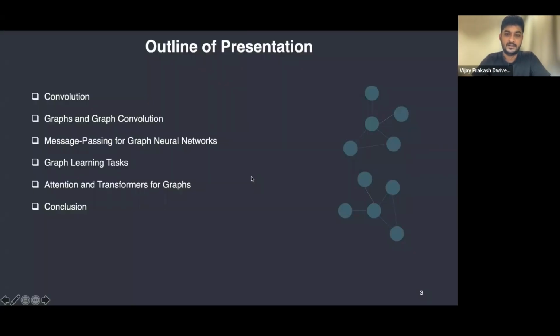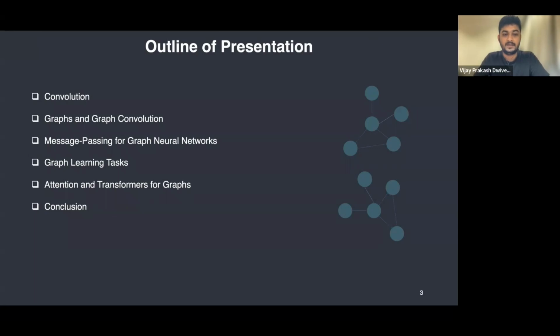So the outline of the presentation for this session will be, first, I'll recap convolution on grids, then how we can generalize to graph datasets, resulting in graph convolution. Next will be message passing for graph neural networks, which becomes the main underlying framework behind GNN models.